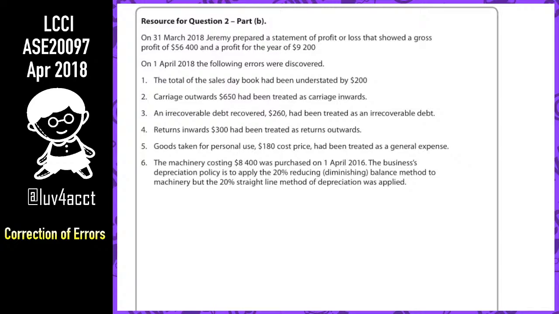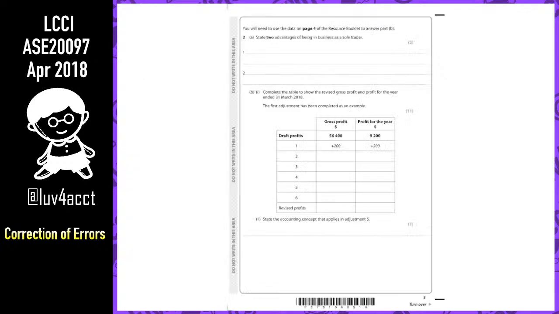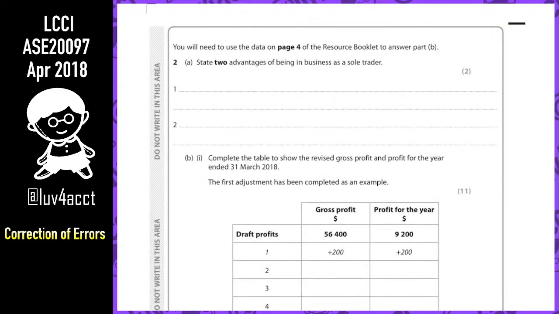Yes. Why is it so strange? Anyway, we have these errors, and they show a gross profit of 56400 and a net profit of 9,200, and then we have to update the balance.